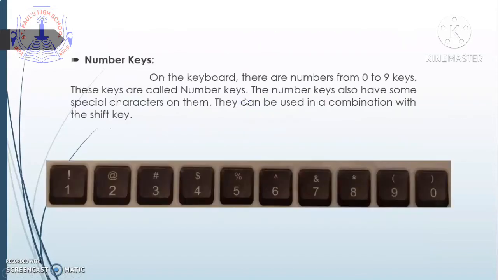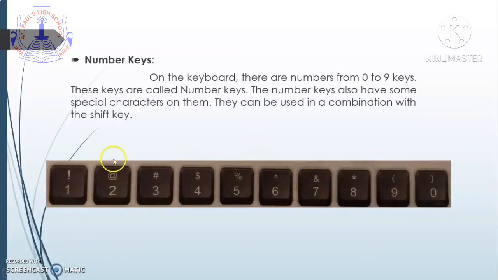Next one is number keys. On the keyboard, there are number keys from 0 to 9. These keys are called number keys. The number keys also have special characters on them, which can be used in combination with the shift key.